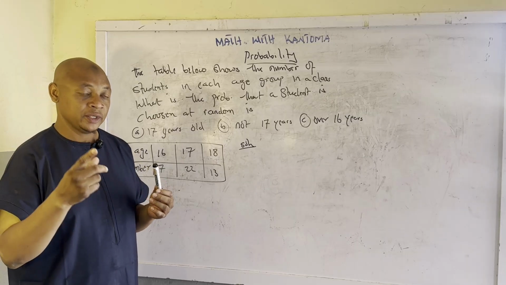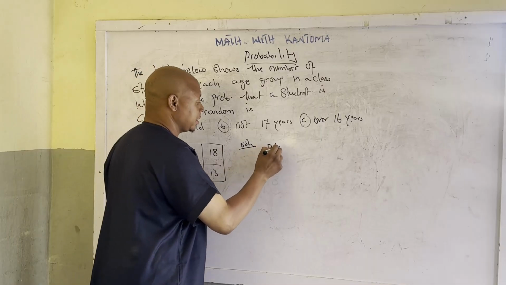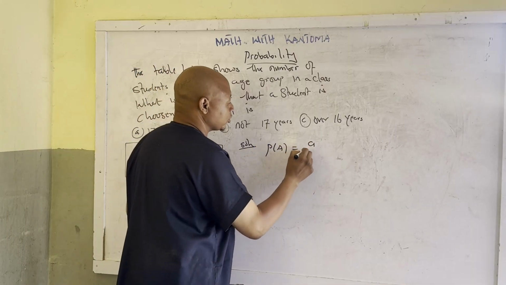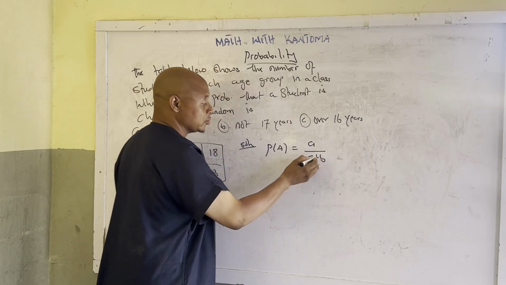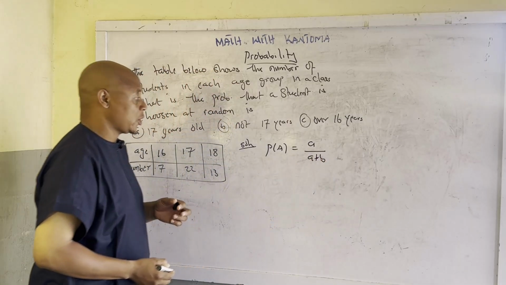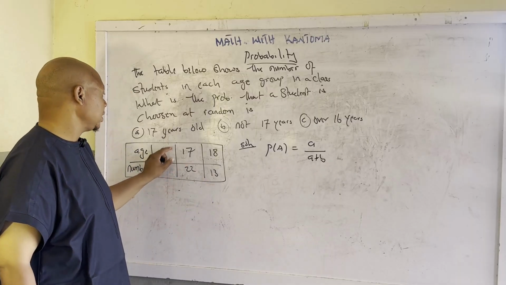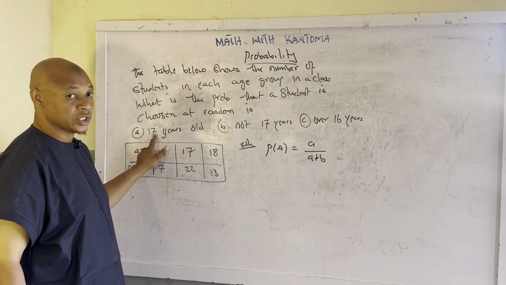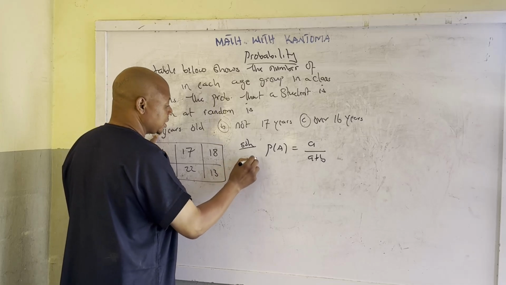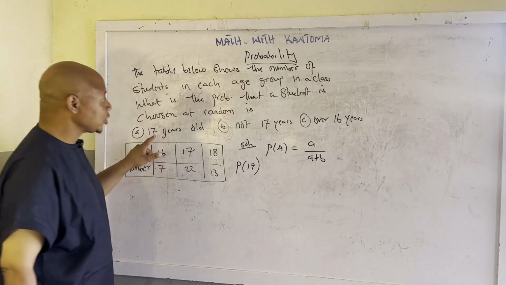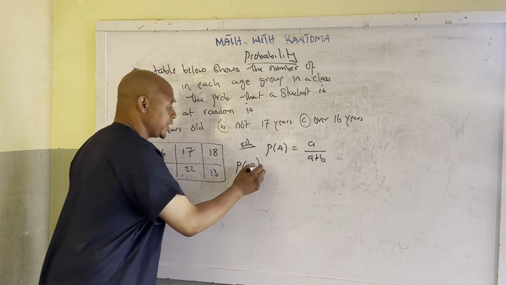The probability of an event A is defined as the number of possible outcomes of event A all over the total number of possible outcomes, which is A plus B. So now we're going to use this approach to find the probability that a student chosen at random is 17 years old, P of 17.